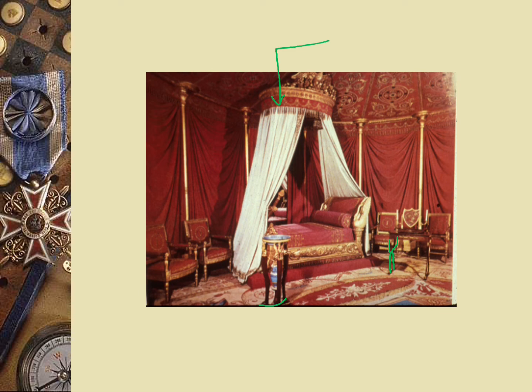And the other thing that you can also see here is a bed. And you'll notice that it kind of curves in like so, and we refer to that as a gondola bed. So it kind of has the shape of a gondola, and it was a quite popular bed style during the French Empire time period.